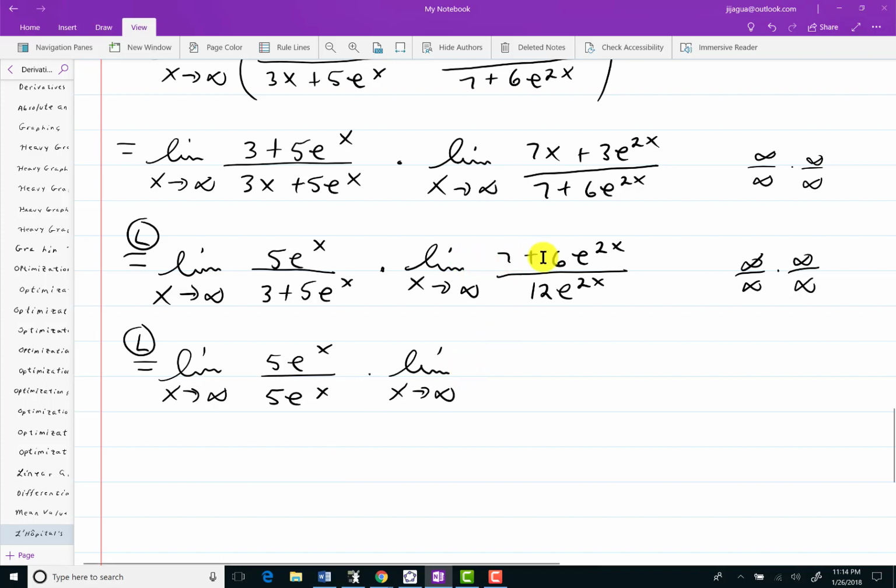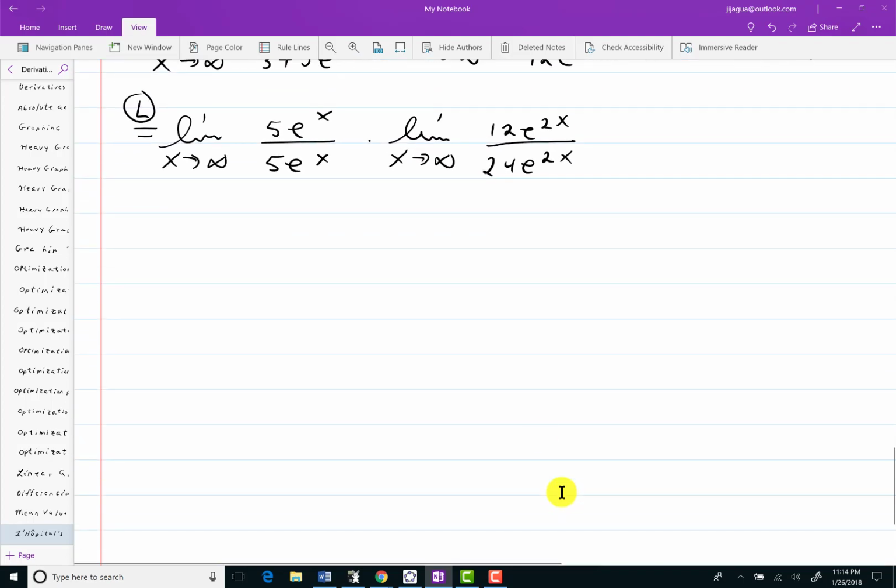Here I'm going to get 12e to the 2x divided by 24e to the 2x. Well, this is nice because you just cancel these. That's going to be 1. Here I can cancel the e to the 2x's, and it looks like I am just left with 1/2. 1 times 1/2 will simply be 1/2.